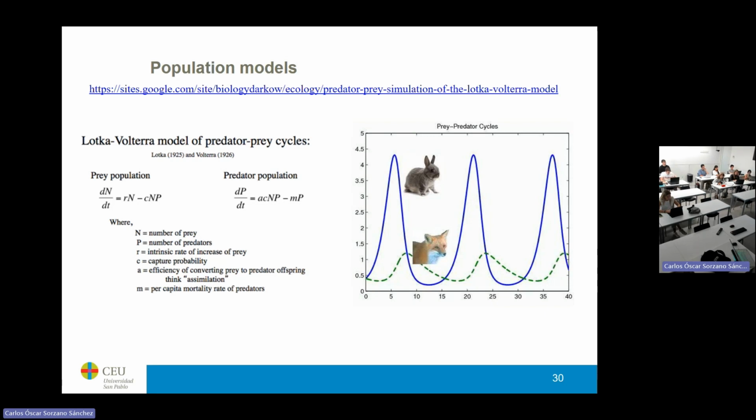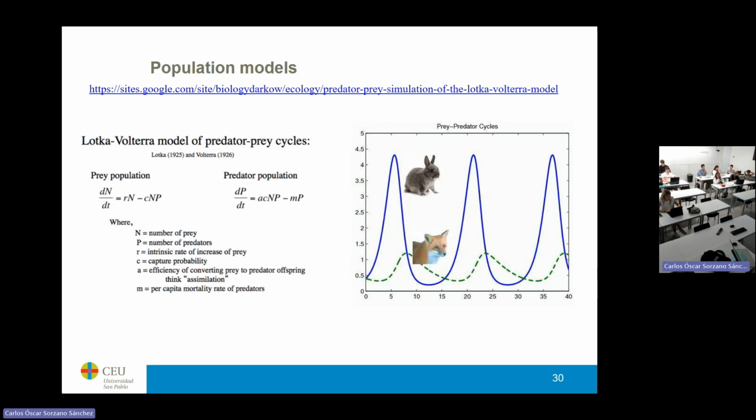And then foxes will have some per capita mortality rate, so they die naturally, and they disappear from the pool of predators.